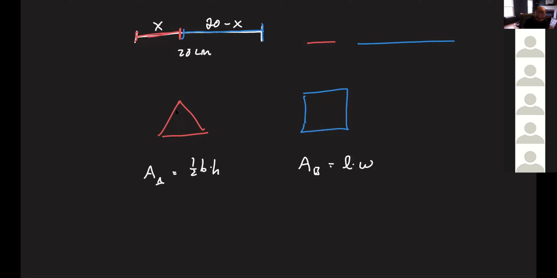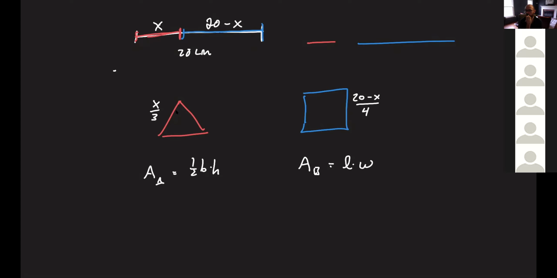So some of these aren't too bad, right? So if I have a length x and I want to make an equilateral triangle, I'm going to take that side, that distance, that red section, and cut it up into 3 pieces that are all the same. And so that length is x over 3. And then what I have over here is 20 minus x divided by 4.